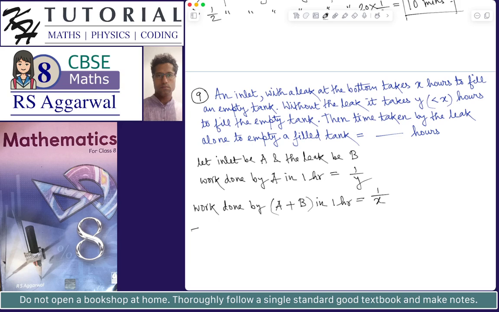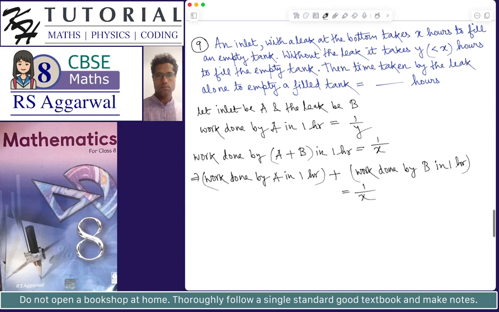Okay, now this implies work done by A in 1 hour. The work done by A plus B in 1 hour means work done by A in 1 hour plus work done by B in 1 hour. So work done by A plus B in 1 hour is equal to 1 by x.